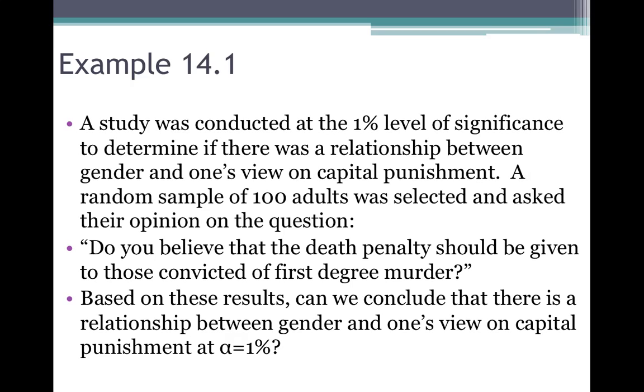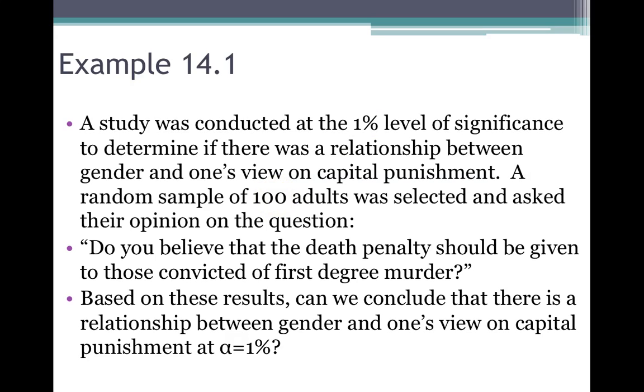at alpha equal 1%? So when you read this problem, notice that it's not specifying a mean, it's not specifying a proportion. There are no numbers in the wording of the problem except for the alpha and the sample size.